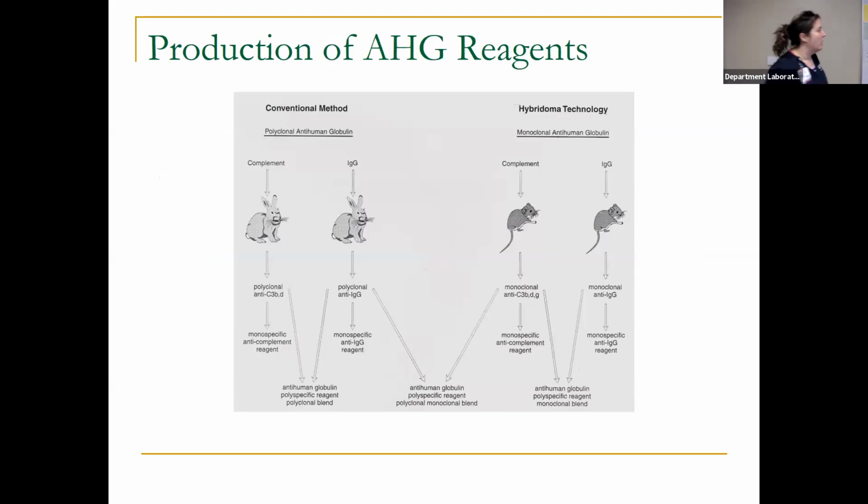All right, so in the way this reagent was derived, they would take some type of rodent, whether it be rabbits or mice, and they inject them with human cells. The rodent is going to build antibodies, so then we can extract those antibodies in a polyclonal method.